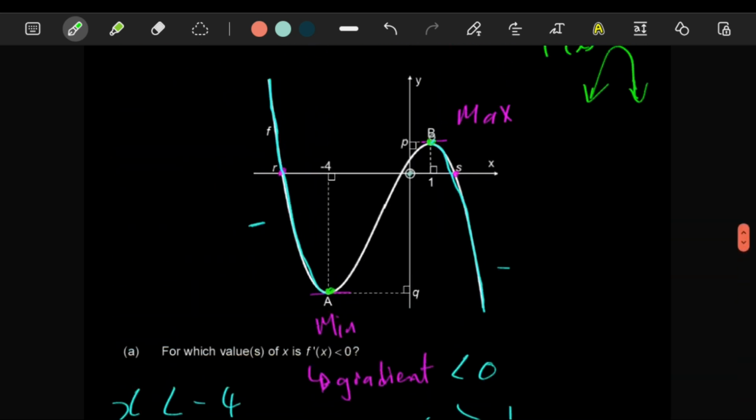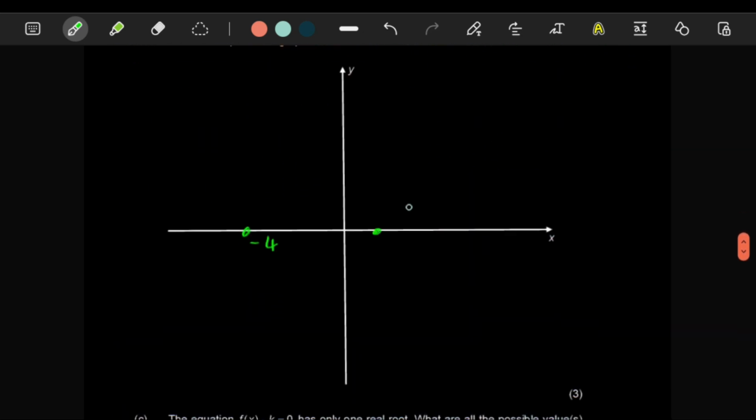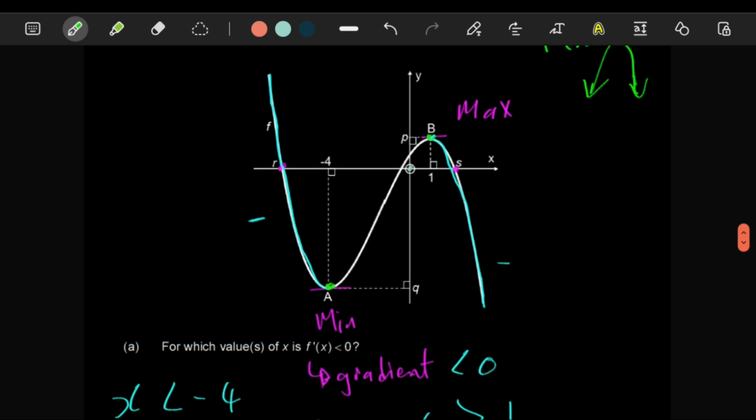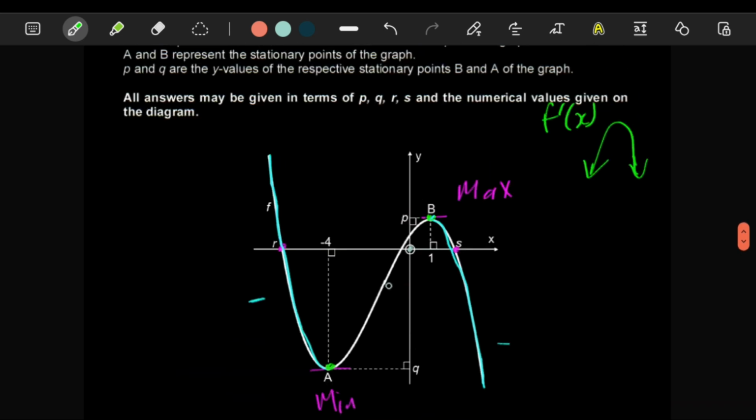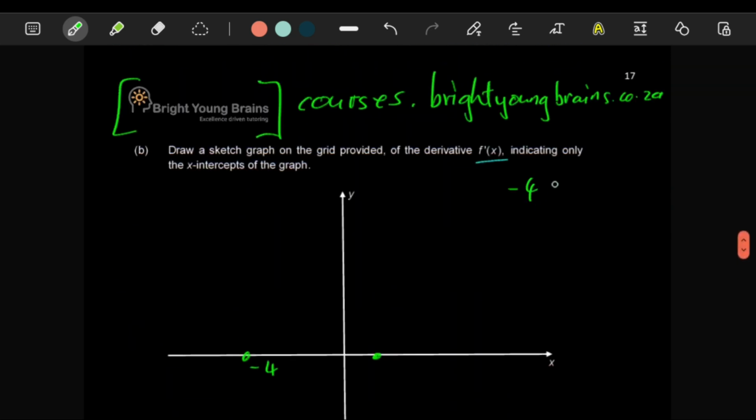And then we know that the gradient here is 0, that's why the y value here is 0. And then the point of inflection is going to represent your turning point. So between -4 and 1, what is in the middle of that? Let's see here, -4 plus 1 divided by 2, that's like what?